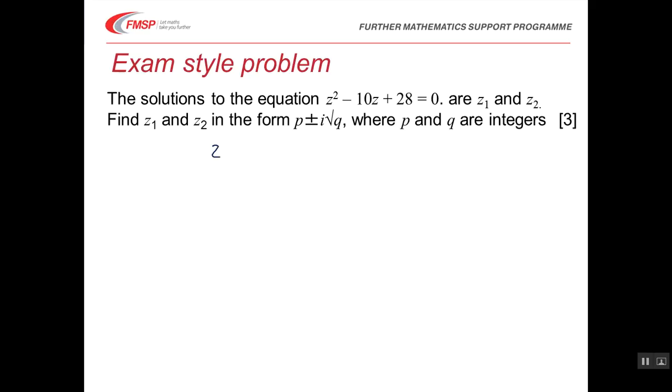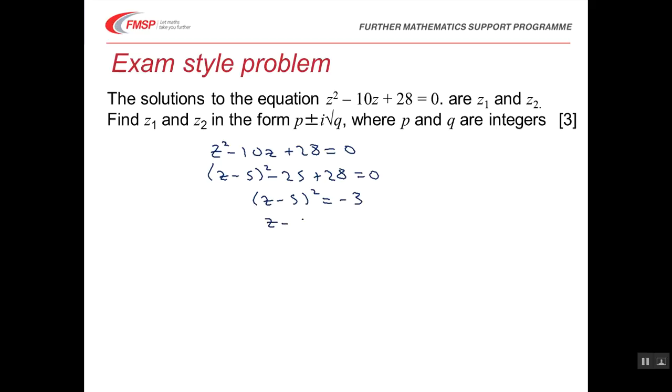So we're going to solve z squared minus 10z plus 28 equals 0. Again, I'm going to complete the square. z minus 5 squared. Minus 5 squared is 25, so I take off the 25 before adding on the 28. z minus 5 squared is minus 3.